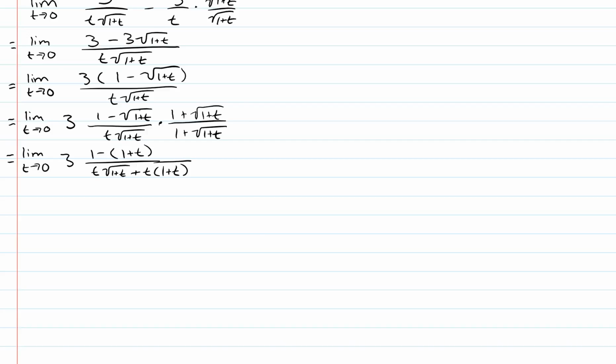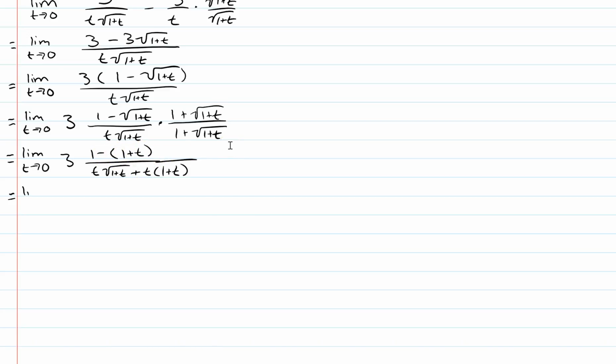All right? And again, you can check that by using your distributive property, but that's exactly what happens when we do this multiplication here. All right, so next step, let me factor out the t on the bottom and let me simplify what's going on top there.